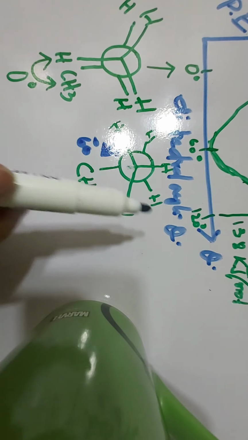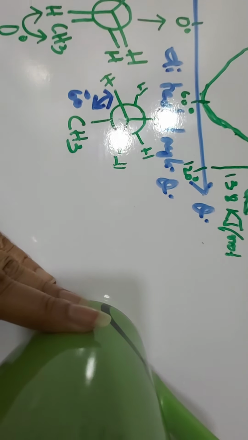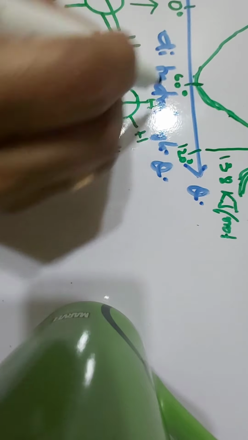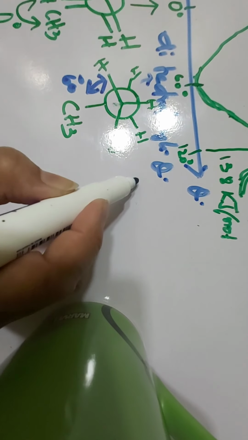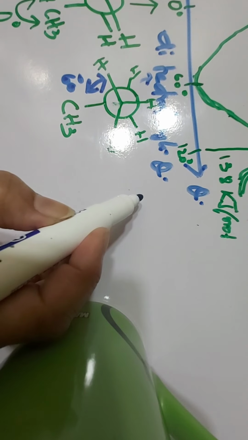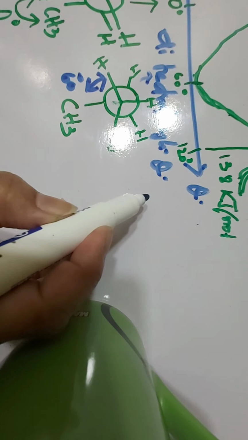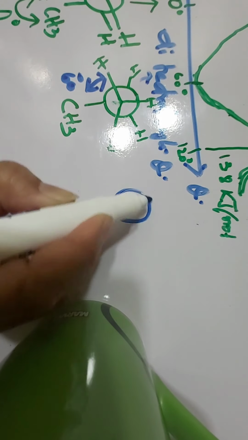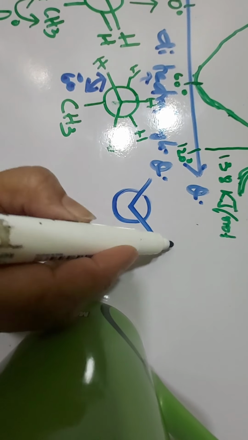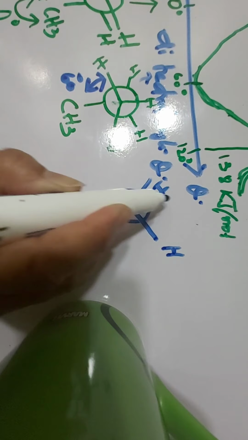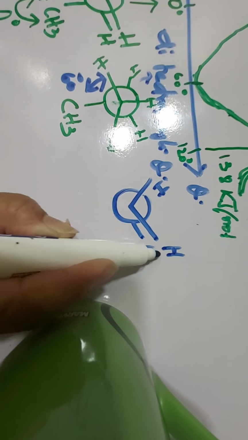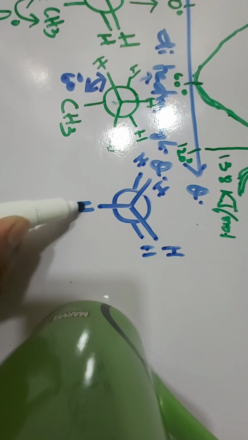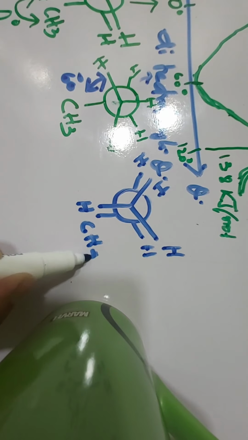Whereas again, when it goes to the eclipse formation, what you are going to observe, this corresponds to this one. Now for this, CH3.